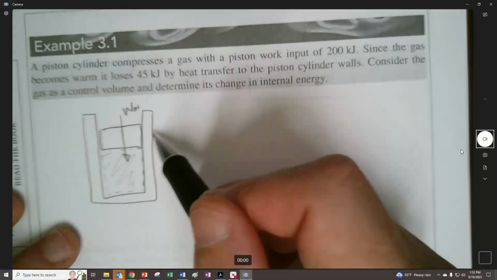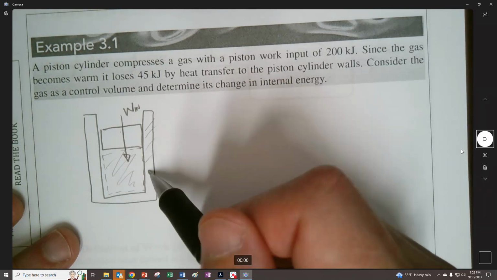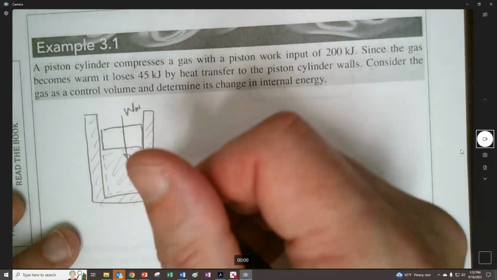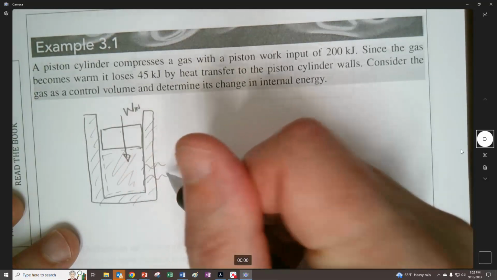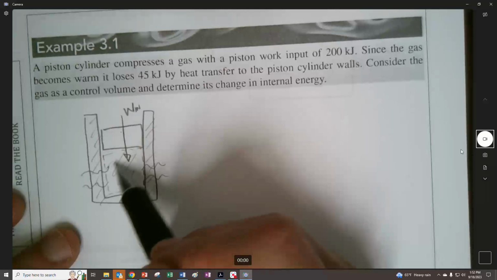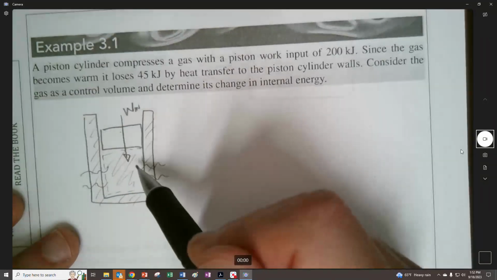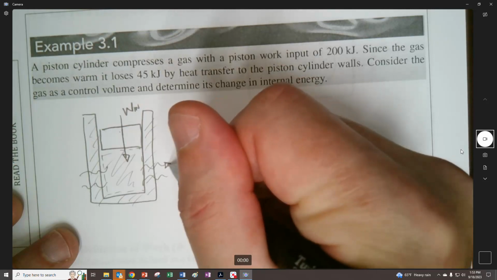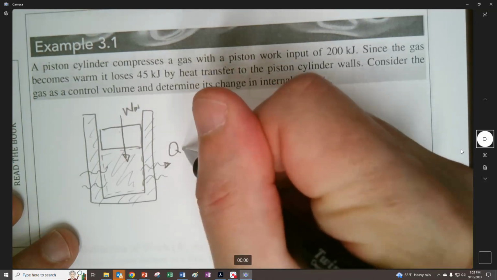Now, because this is not insulated, I'll draw a cross section so we can see, maybe it's aluminum or something. We have heat dissipating from this, right? So this would get kind of hot because work was put in there, but then heat would start to release outward. So I'm just going to draw one of these with an arrowhead, and we'd have this out.